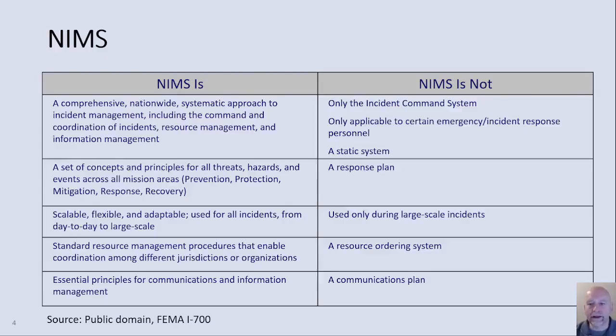And then lastly, communications and information management describes systems and methods that ensure incident personnel and other decision makers have the most current and up-to-date information and equipment they need to make and to communicate decisions. And as anybody who's been in this field long enough will tell you, when you work a large-scale incident, communications is a huge problem. It's always the weakest link.